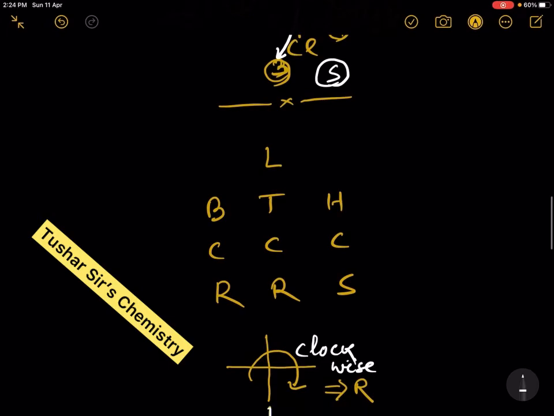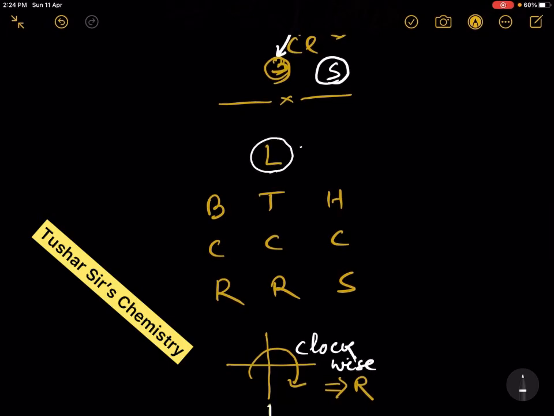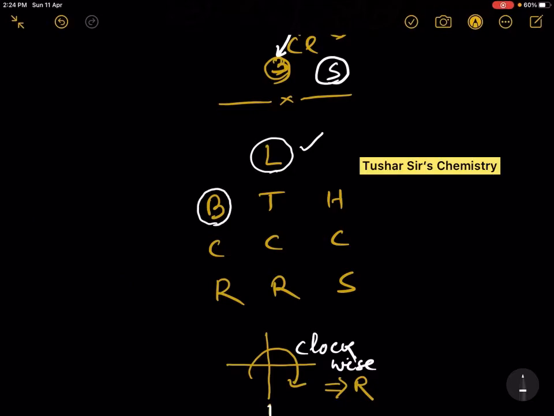In short, if L, the atomic group having lowest priority, is in the bottom position and the rotation of priority groups is in clockwise direction, then it should have R configuration. If the atomic group having lowest priority is at the top of the chiral carbon, and the rotation of priority groups is in clockwise direction, then it has R configuration.